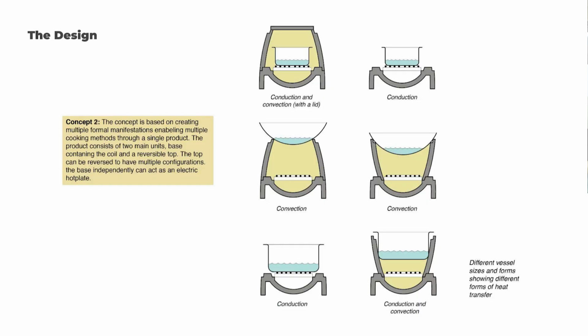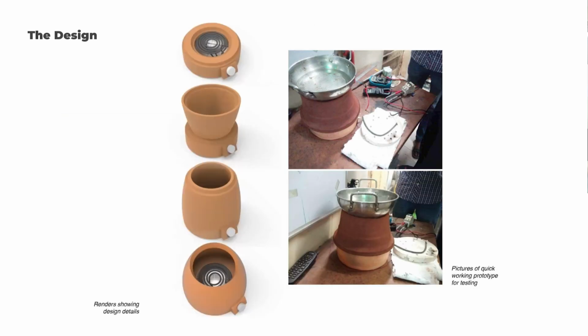Then this is concept 2. It consists of 2 parts, and I'll show you the renders. As you can see, this part and this part. You can use it directly as a conduction cooktop, and you can also use this part in two ways, like this and this.